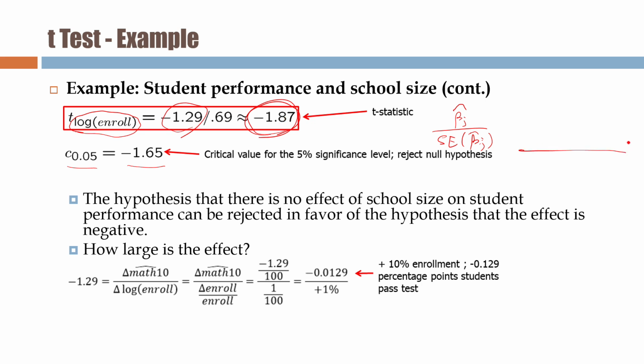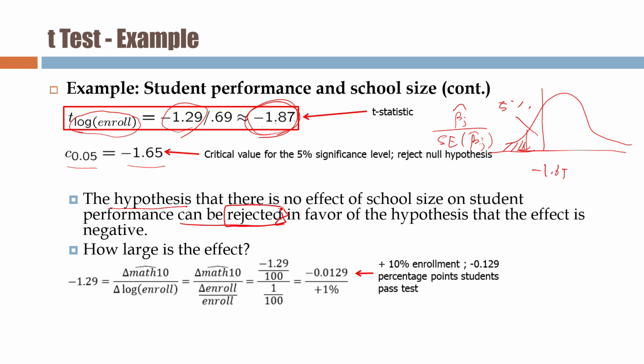So if you draw the graph here, minus 1.65 is 5%, but minus 1.87 is located here, right? So the probability of getting our result, if the null hypothesis is true, will be smaller than 5%. That's small enough so that the null hypothesis can be rejected.